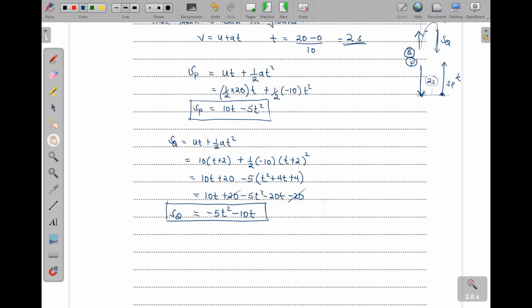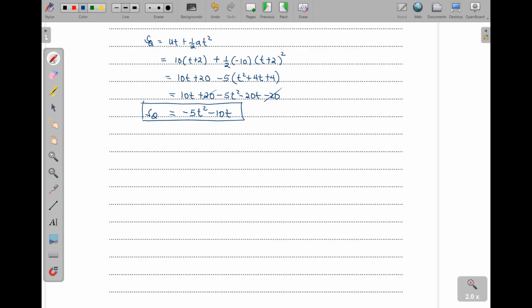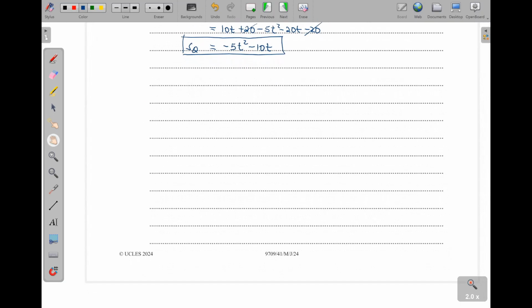Now, when these two collide, they are the same distance from the ground. Let me write here. On collision, P and Q are the same distance from the ground.